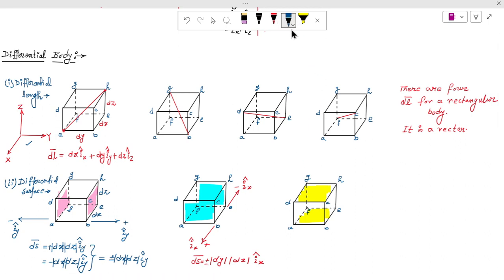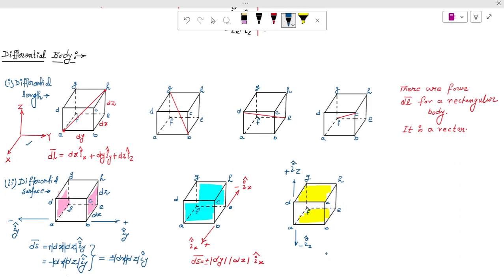Next, for this plane, the unit vector may be along this direction. If I consider this direction, it will be in the z direction. Look at here, this is the z direction. Downward we consider negative, upward we consider positive.